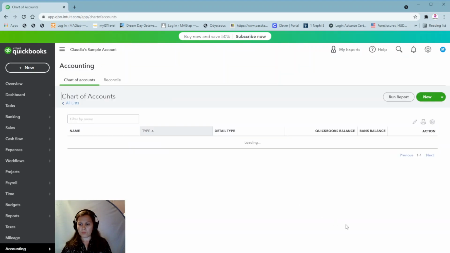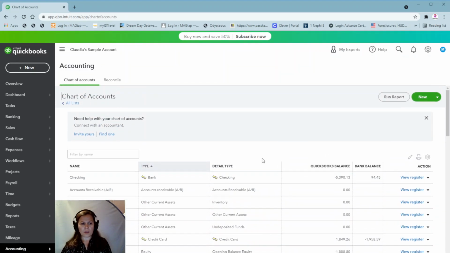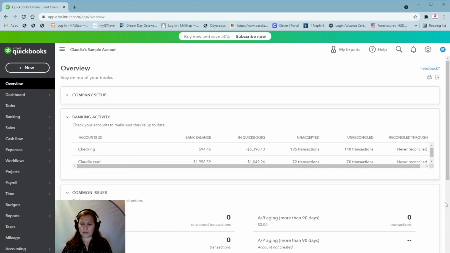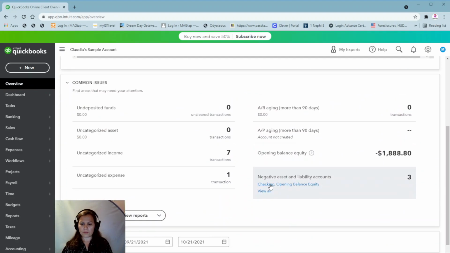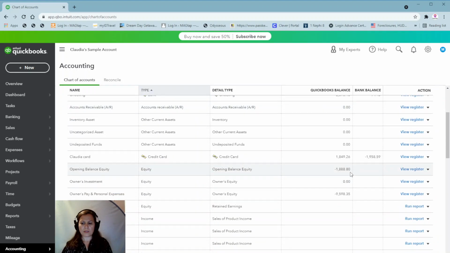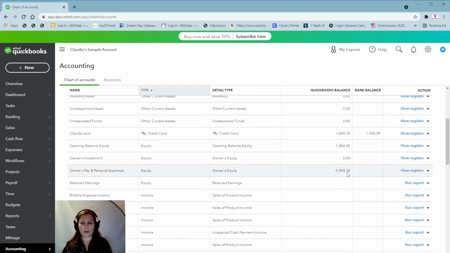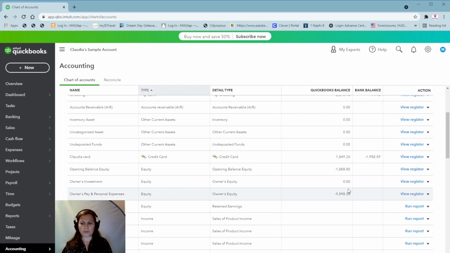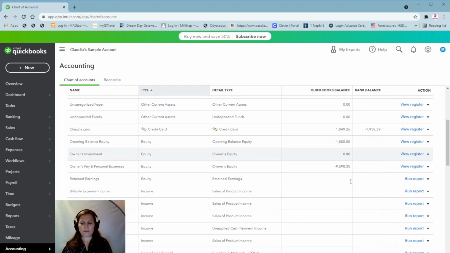Now, okay, let me go back here. Overview. Okay, so it's actually saying checking, opening balance equity, view all. Okay, it's right here. So we have opening balance equity, owner's pay and personal expense, and we have the credit card here.